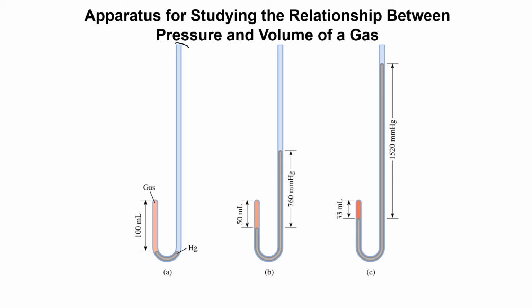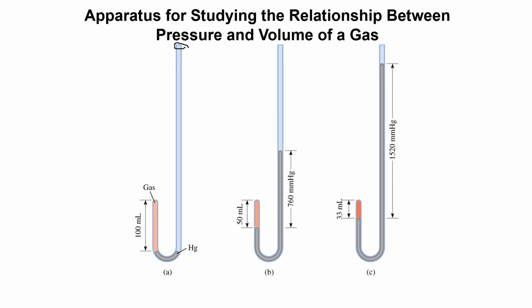So these ends are open to allow for the addition of that mercury, and we can compare A to B to C. Here we have this amount of mercury and our volume of gas is 100 mL.